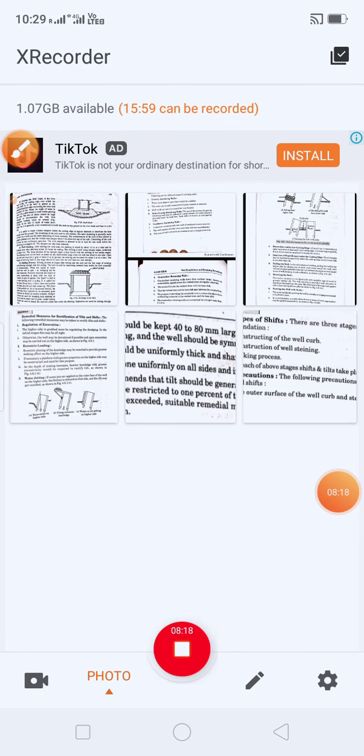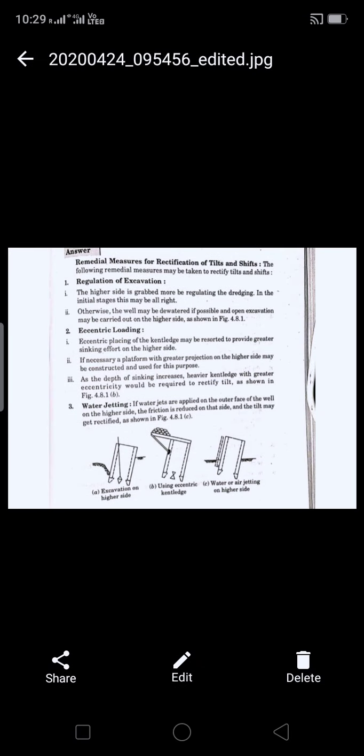To make the foundation stable, now, how do we give remedial measures for rectification of tilts and shifts? According to that, we give the following measures to the well to avoid tilts and shifts. The higher side is grabbed more by regulating the dredging. In the initial stages it may be alright.